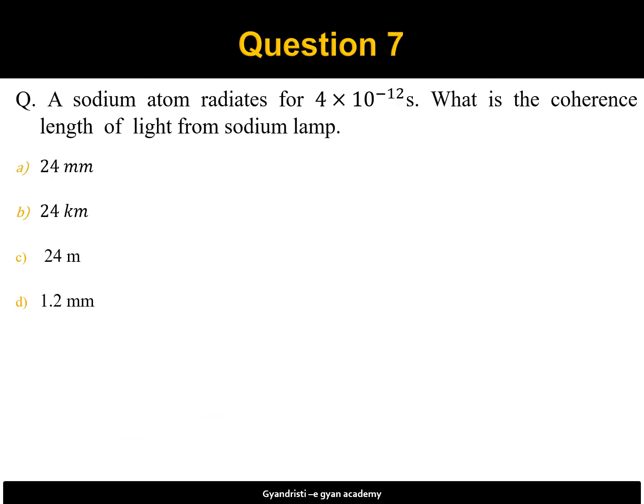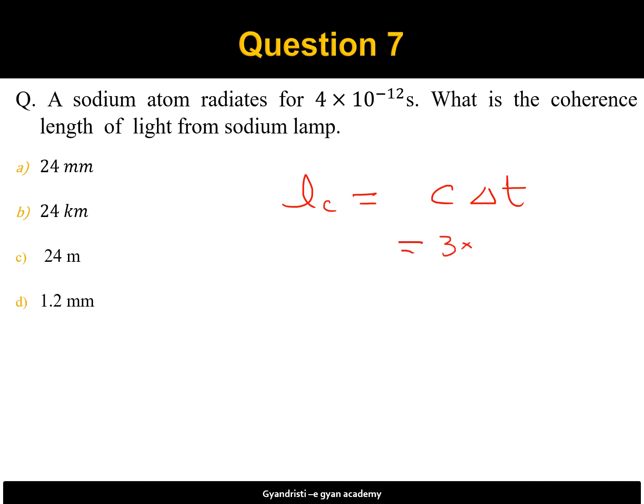Next question is, a sodium atom radiates for the time 4 into 10 to the power minus 12 seconds. What is the coherence length of light from the sodium lamp? Here I would like to let you know that coherence length is related to the radiation time by the relation c into delta t. Here delta t is the time up to which an atom radiates.